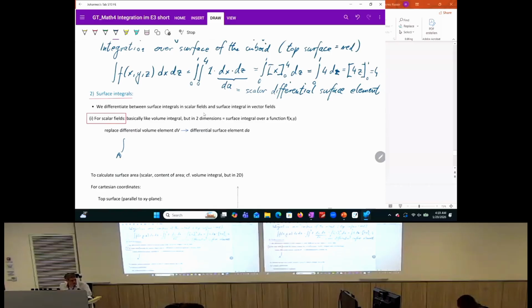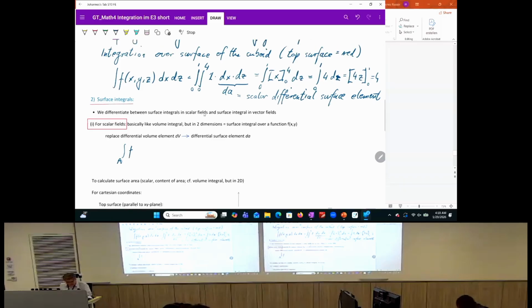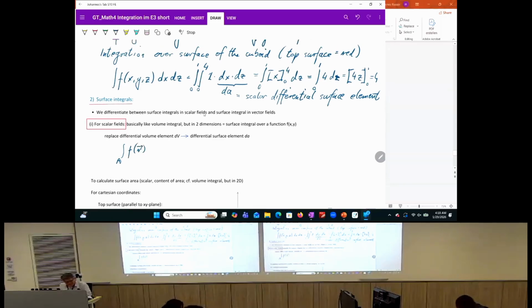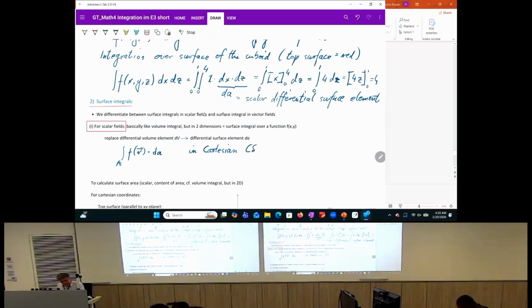Volume is always commonly denoted with a V. Here we have the scalar function times the surface element dA, and in a Cartesian coordinate system, this element could be dx times dy or dy dz, and dx dz of course also.